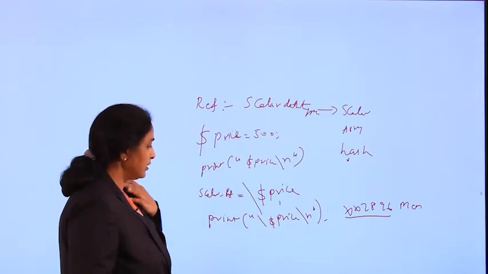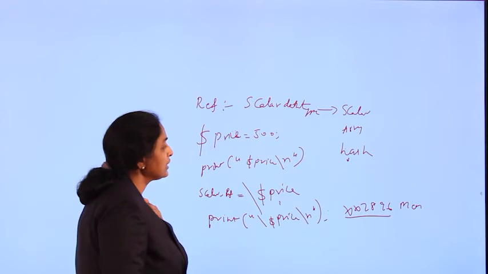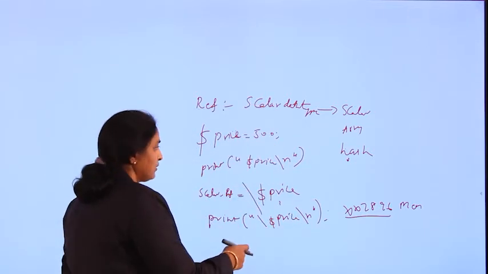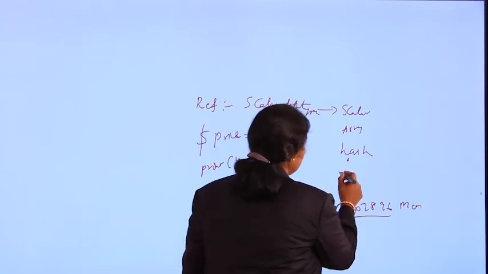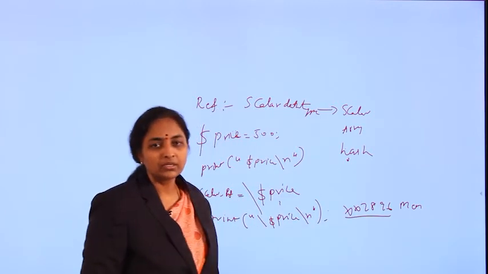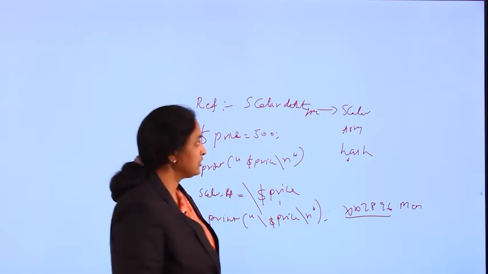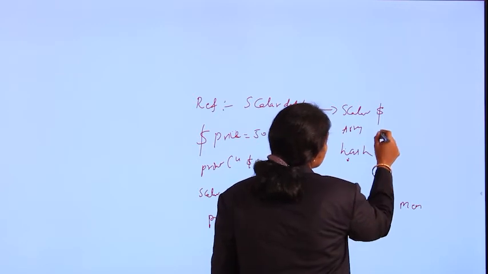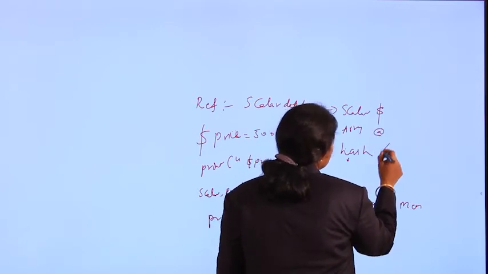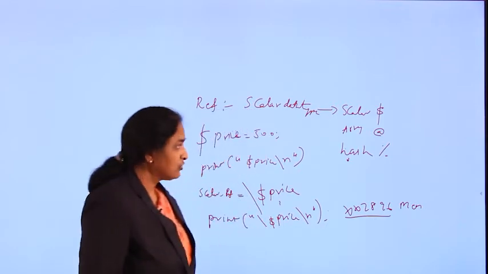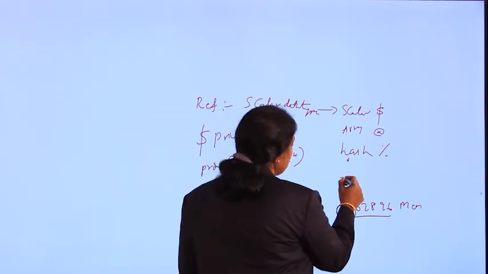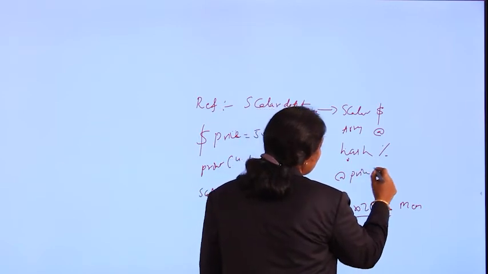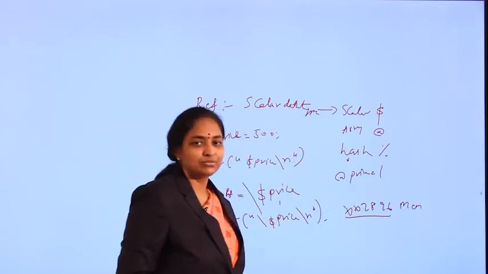Instead of a scalar, suppose you want to create a reference to an array, then what is to be done? The procedure is the same. First you have to create the array variable. In Perl, scalars are represented with dollar, arrays are represented with the @ symbol, and hashes are represented with the percentage symbol. So simply create a variable, @price, and instead of a single value, you pass many values.